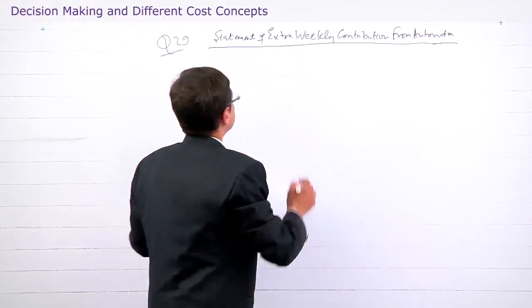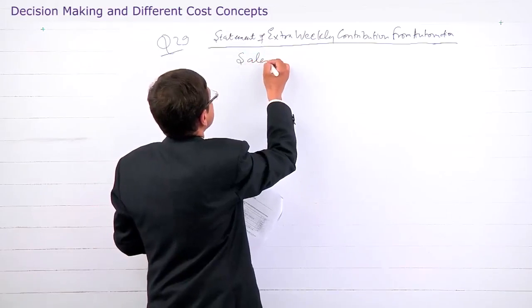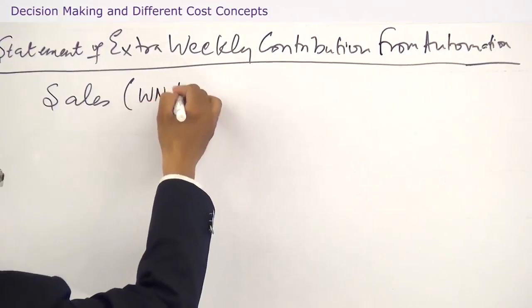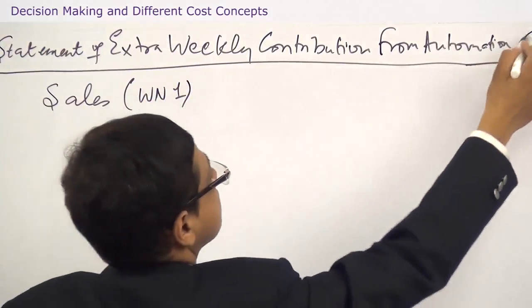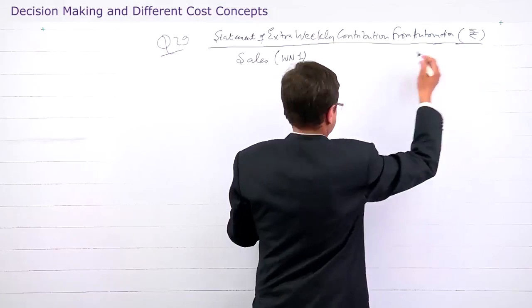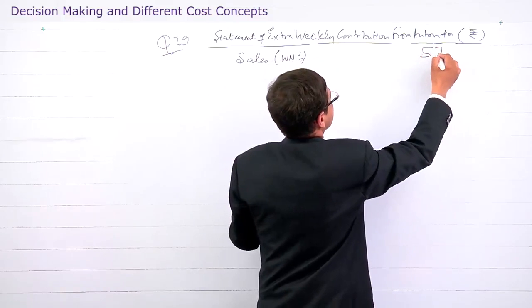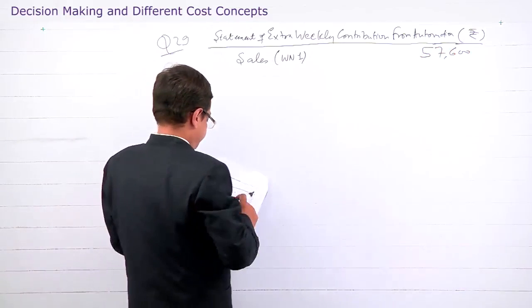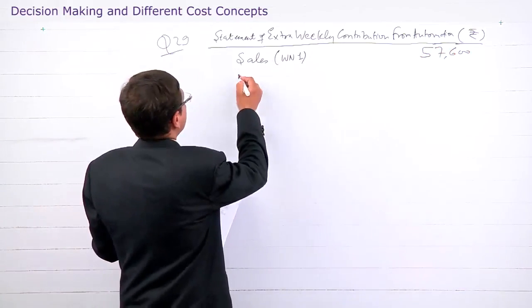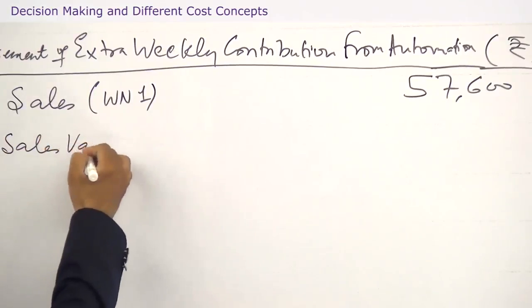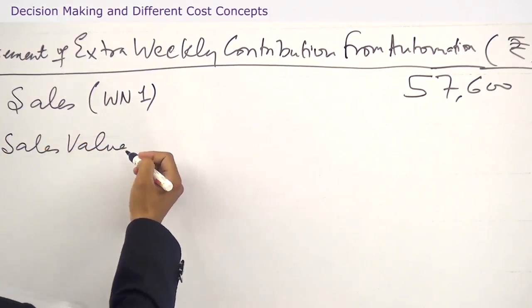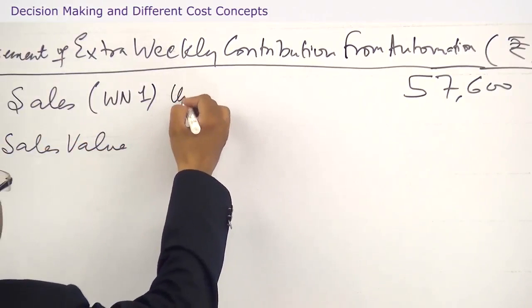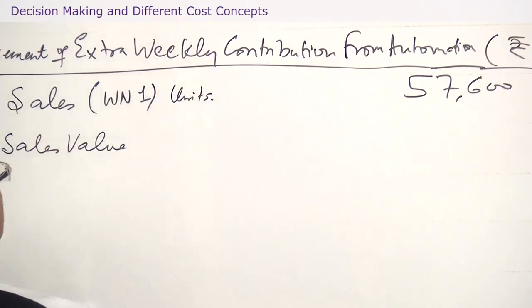So, what is my sales? We have our working note number 1. This is 57,600 rupees. Now, sales value, above was sales units, right?